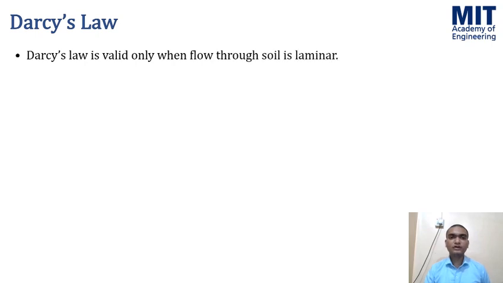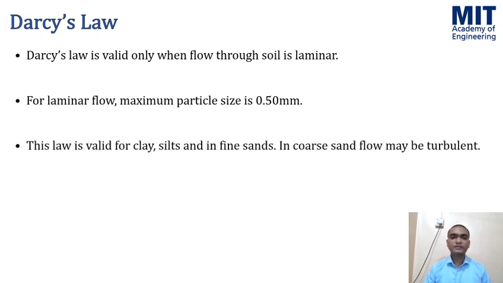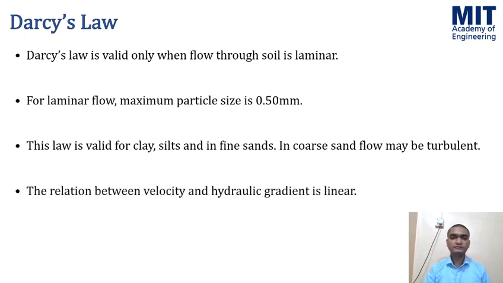Darcy's law is only valid when the flow is laminar. For a laminar flow, the maximum particle size permissible is 0.50 mm. This law is valid for clay, silt, and fine sands. In coarse sand, flow may be turbulent, so it is avoided.